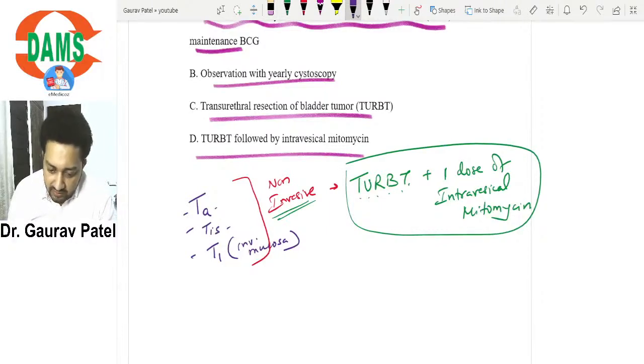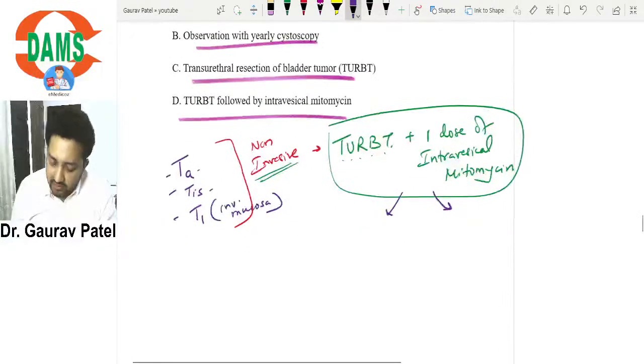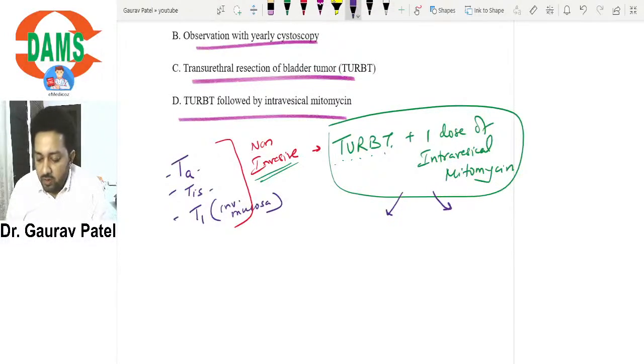Yes, Subha is correct. Now see, when you do a TURBT, only then will you know exactly what the staging is. So TURBT is more of a diagnostic thing rather than therapeutic. When you do TURBT, you will know how deep it is going.